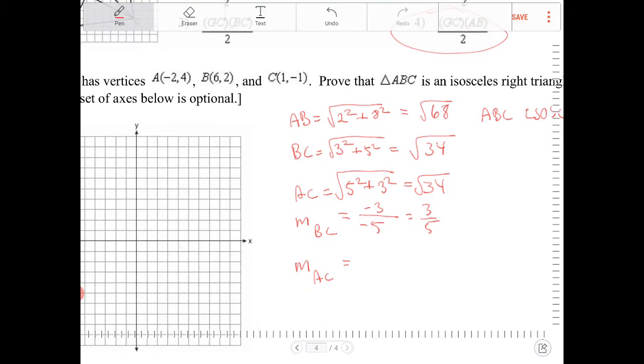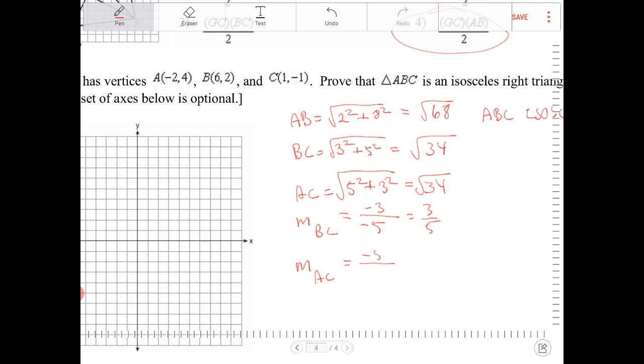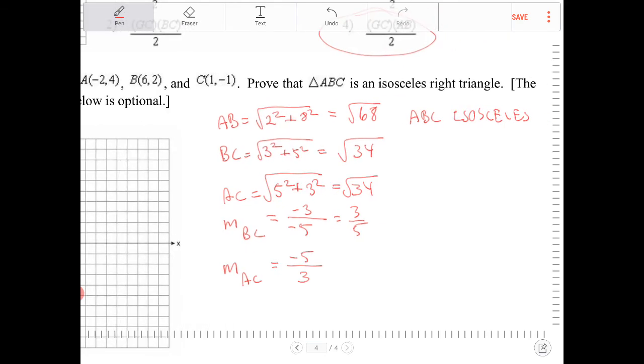Let's see if that's the case. -1 minus 4 is -5, and 1 minus -2 is 3. And indeed, it is the negative reciprocal. So ABC is isosceles and right.